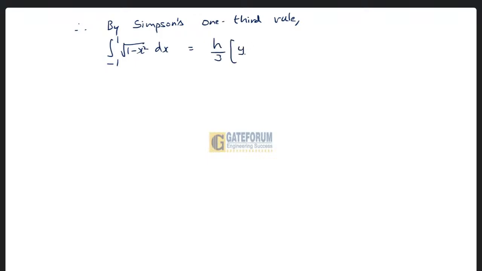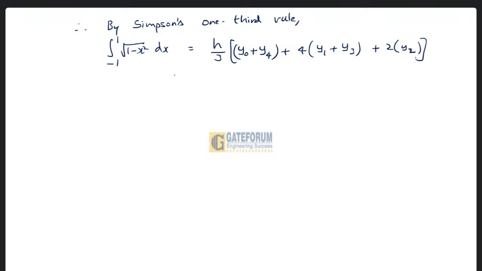By Simpson's one-third rule, you can write 1 by 3 RD also, the integral from minus 1 to 1 of square root of 1 minus x square dx is equal to h by 3 into y0 plus yn, where yn is the last value of ordinate, that is y4 here, plus 4 times the sum of y values at odd suffixes, that is y1 plus y3, plus 2 times the sum of y values at even suffixes, there is only y2 here.